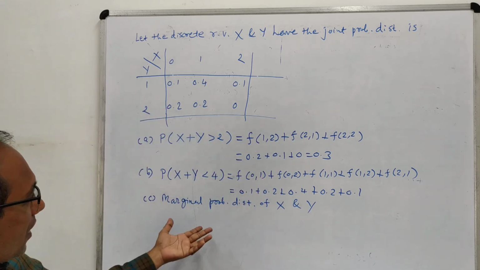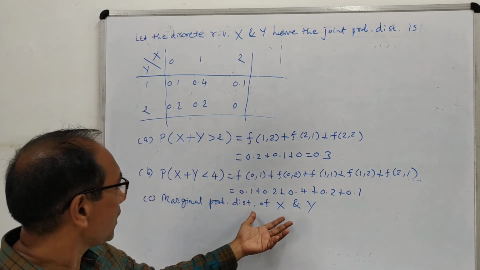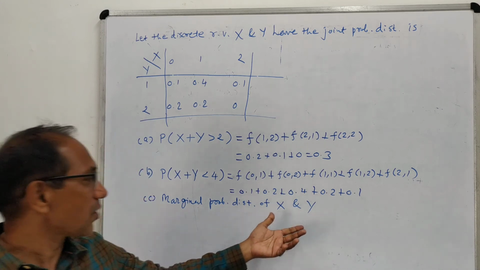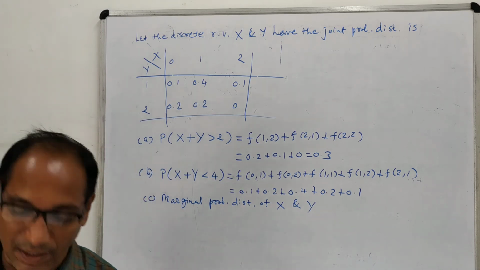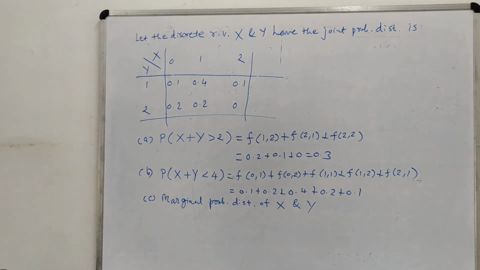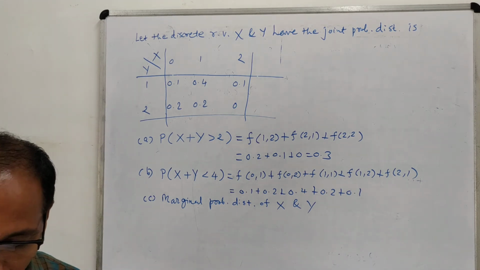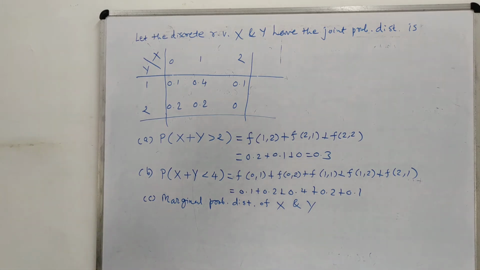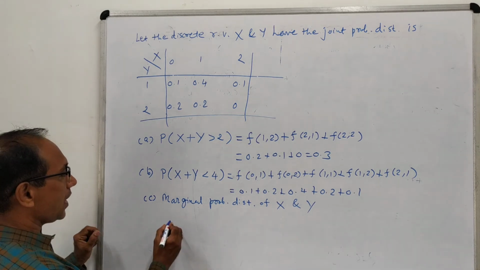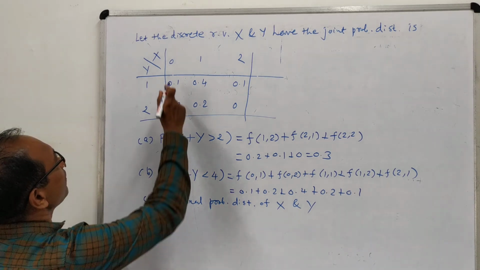But here in our question, it is asked to find the marginal probability distribution of capital X and capital Y. That means we have to find it for every value of capital X and for every value of capital Y.